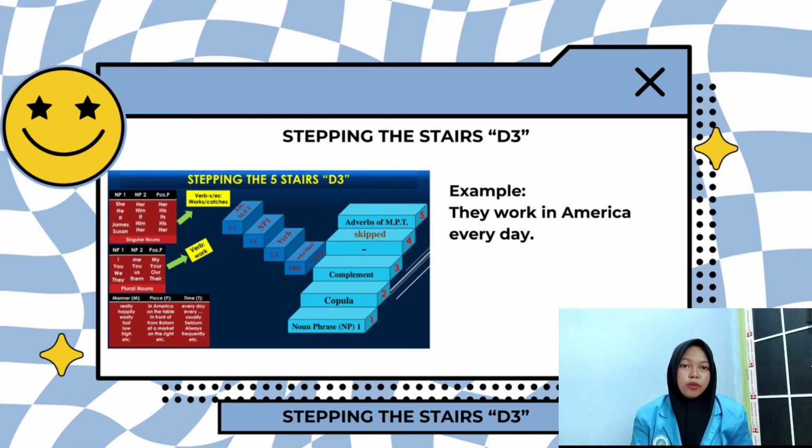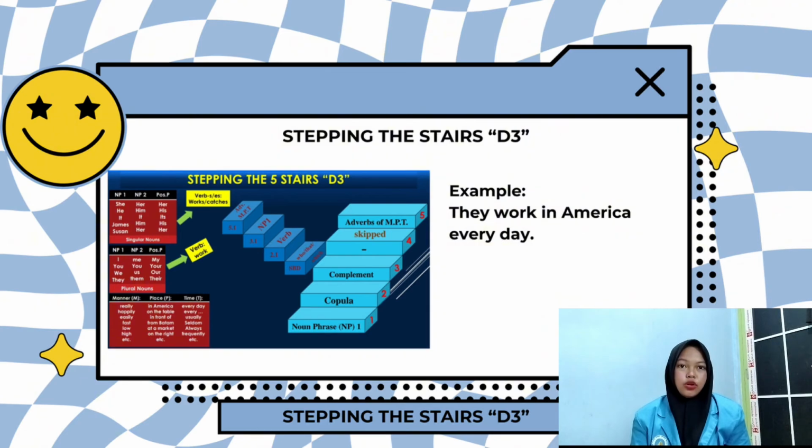Three is complement. This gives more information about the action, but can be skipped if not needed. For skip, this step is often left empty, and then the last is adverb of manner, place, and time, or MPT. This answers how, where, or when.